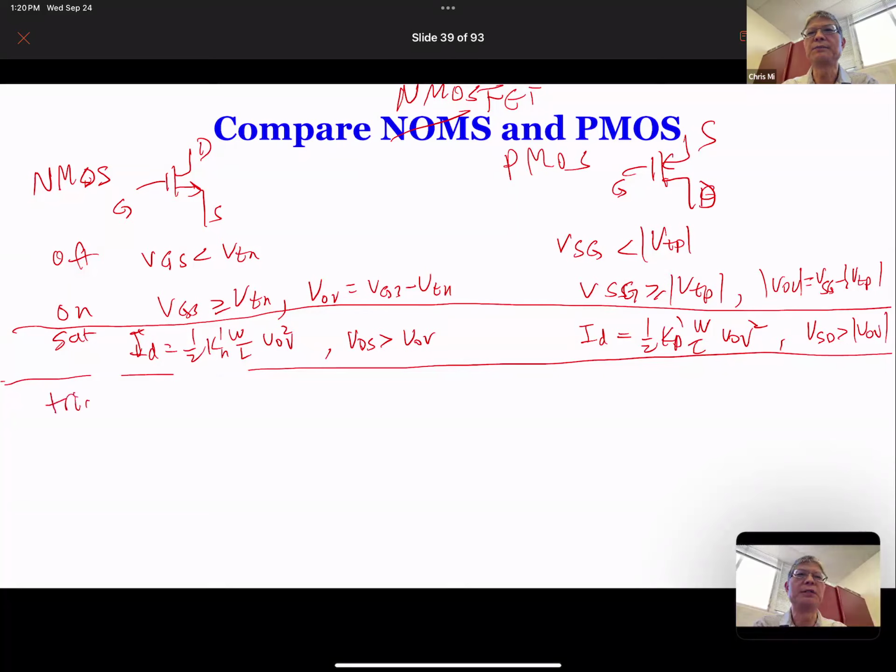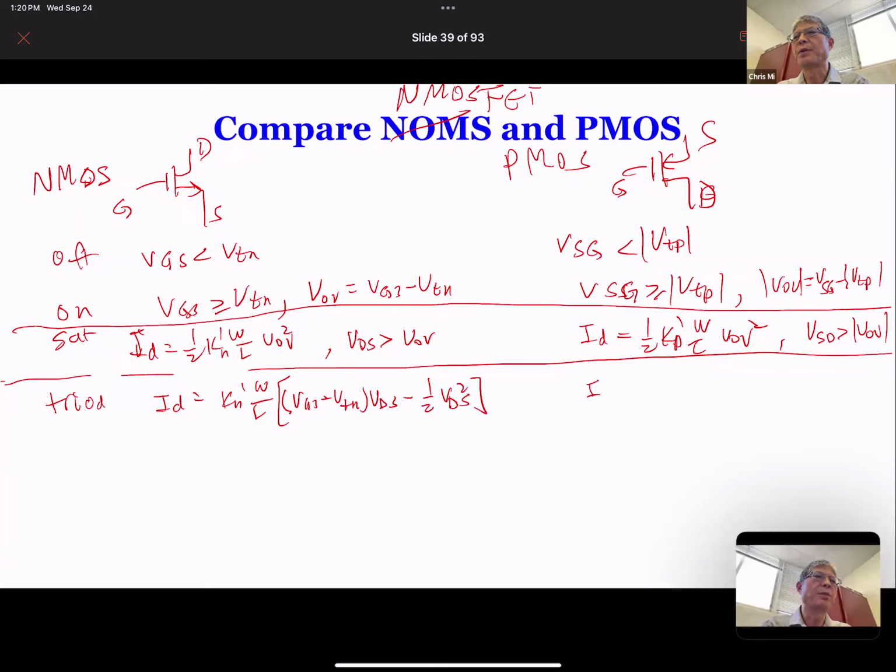Then in the triode region, we have ID equal to Kn W over L times VGS minus VTN times VDS minus 1/2 VDS squared.